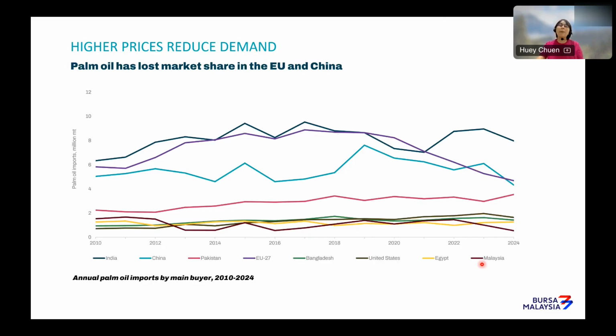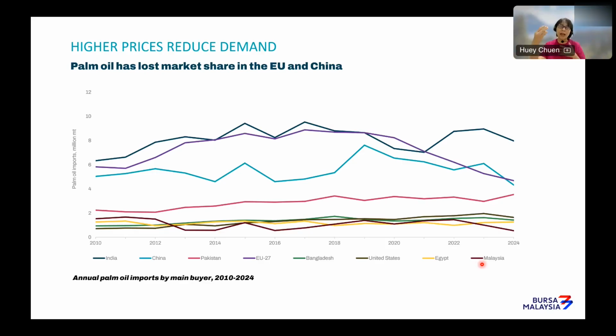But palm oil prices have stayed above the markets, at a premium. It's very frequent nowadays that palm trades at a premium to its competing oils, especially soybean oil. And in certain markets, we are seeing palm oil has been higher than soybean oil for the last one year, especially in China.